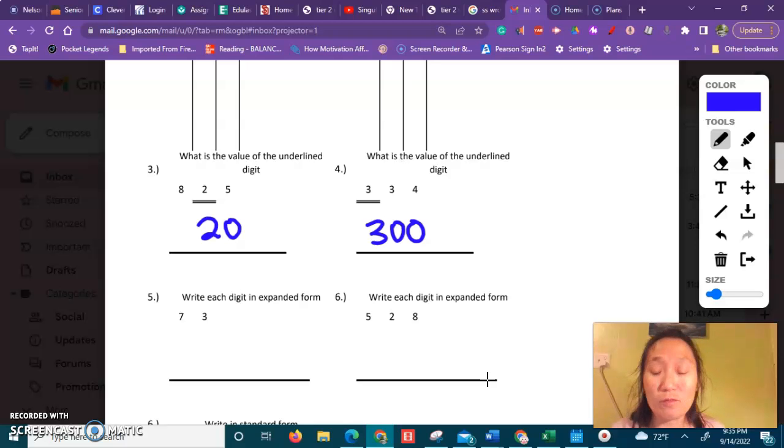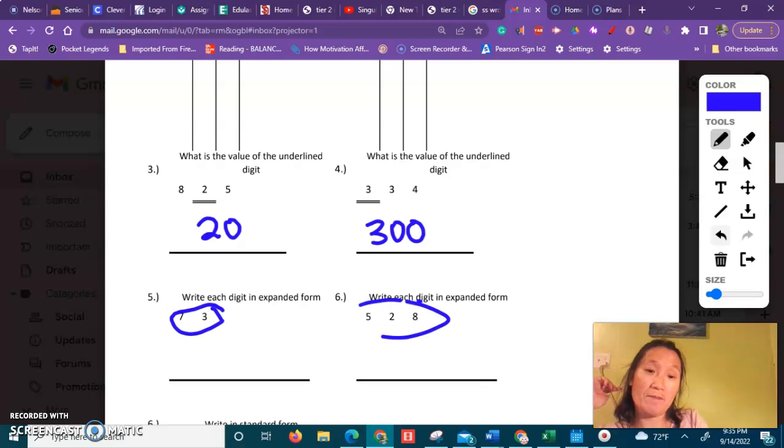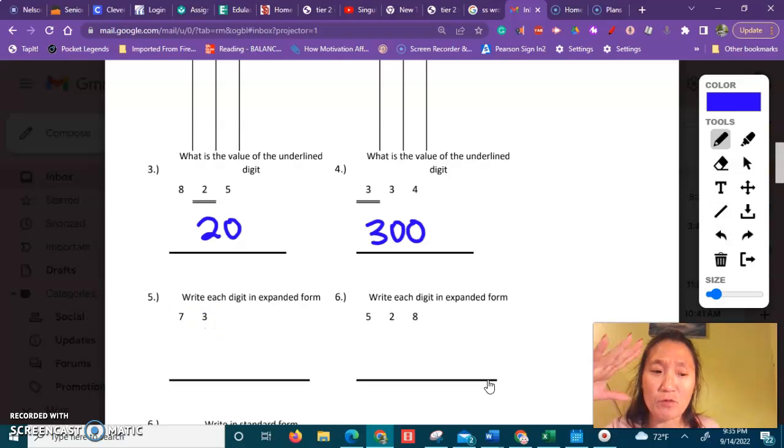Expanded form, we're moving to questions 5 and 6. Expanded form takes what are called the standard numbers, and they just tell you how many pieces of paper you have in each place value. 3 $1 bills, 7 $10 bills. Now you have to tell me how much each of those digits is worth.